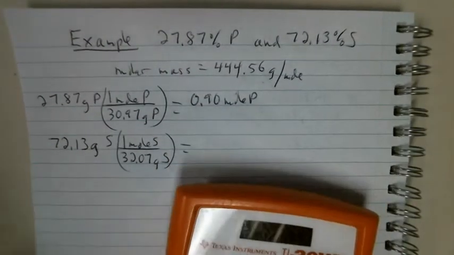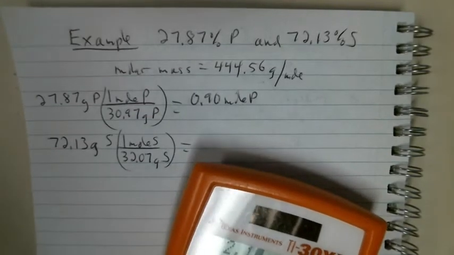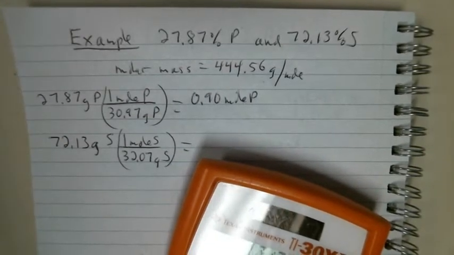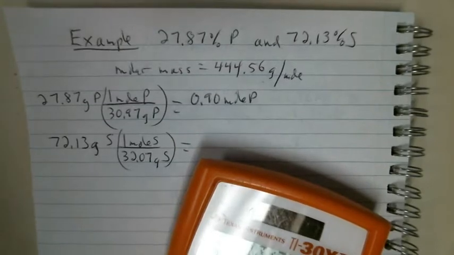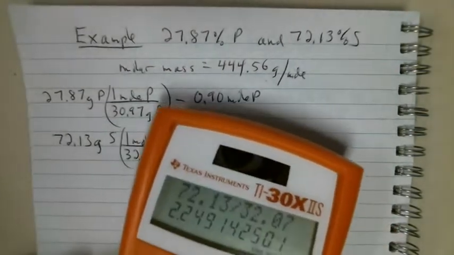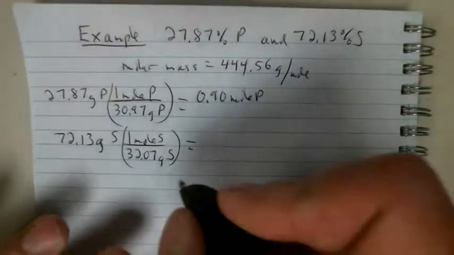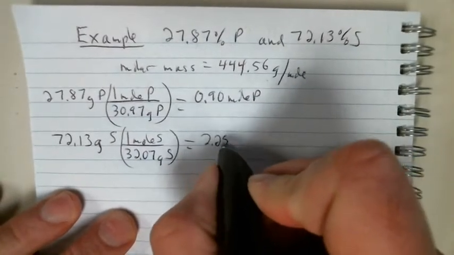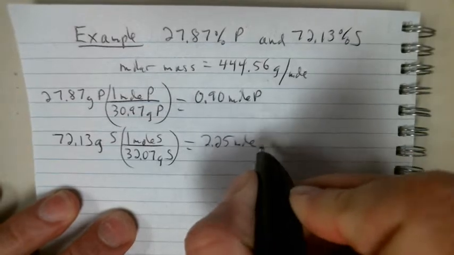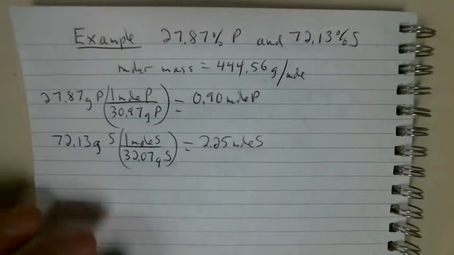I'll do that. 72.13 divided by 32.07. And I get 2.25. Does that seem like fair rounding? Yeah. 2.25 moles of sulfur. All right.